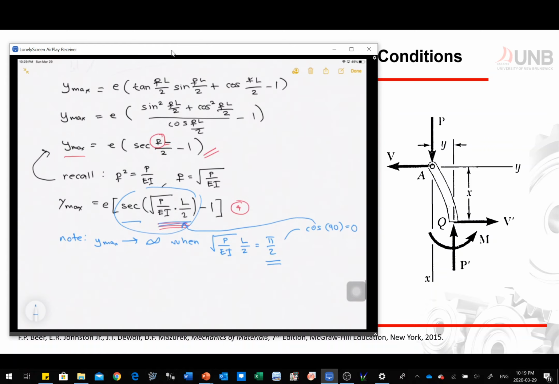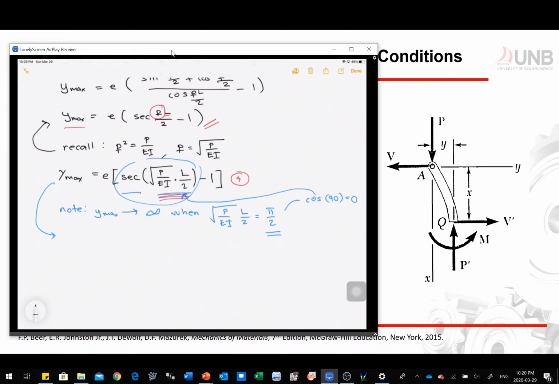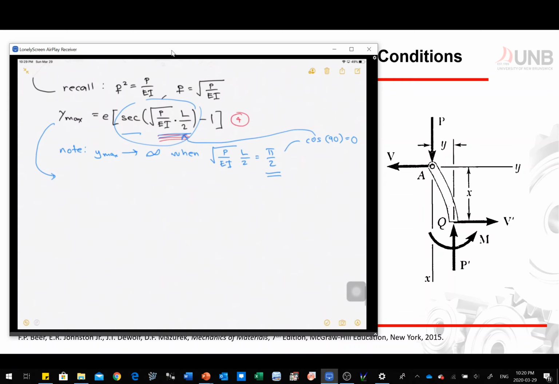Now, let's try to work on this equation and get some equation that would make much more sense. Don't worry, later we're going to summarize all the equations that would make sense for this topic. Now, taking this part of the equation, square root of PCR over EI times L over 2 is equal to pi over 2.